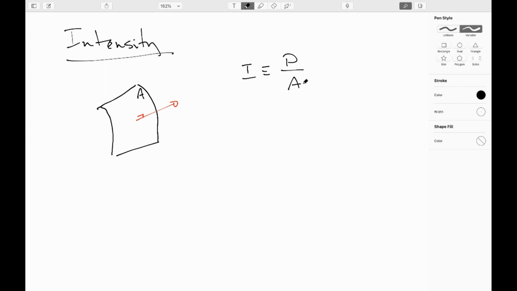And this makes some sense, because the only power of the wave that counts, say, for your ear, is going to be that chunk of the wave that actually strikes your eardrum. So we need to be able to talk about energy transmitted per unit time per unit area. So the units of intensity are watts per square meter.